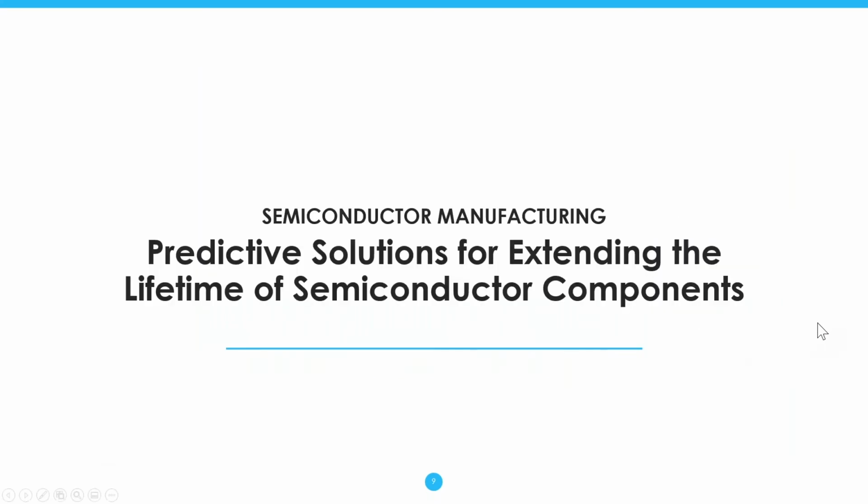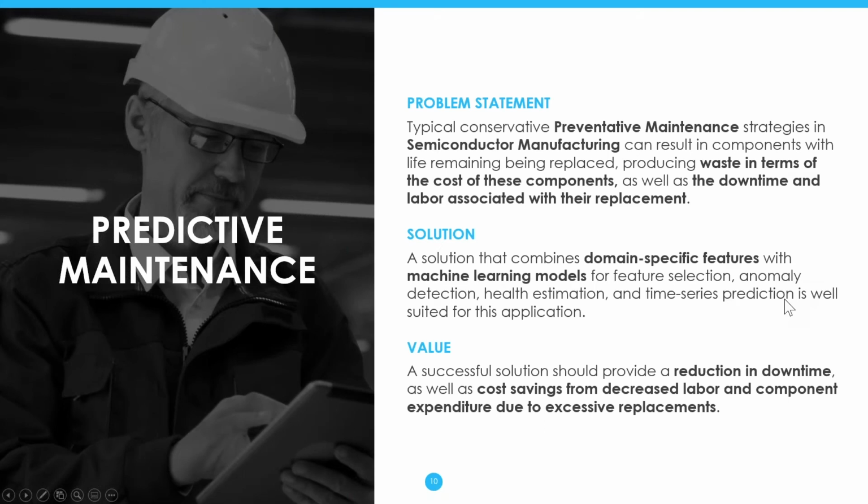Now let's get into the first case study, which focuses on extending the component lifetime, and this was for an etching equipment application. For the motivation of this use case, replacing a component too early is always very costly. It includes downtime associated with the replacement, the cost of labor and the part itself, and the risk of imperfect or unnecessary maintenance.